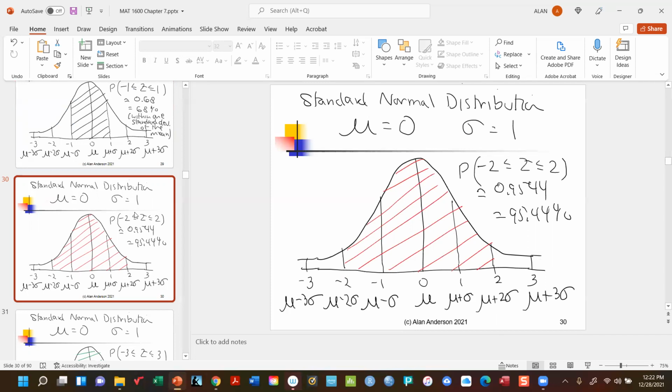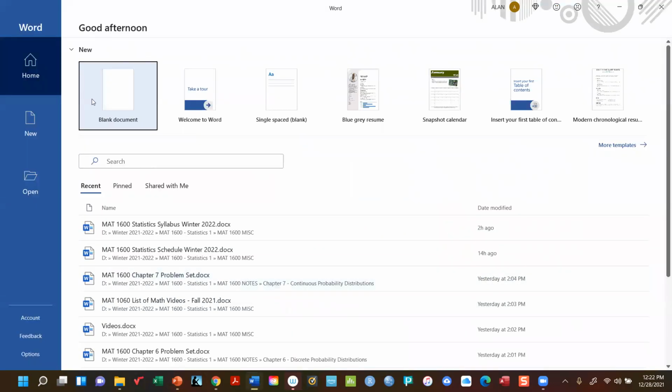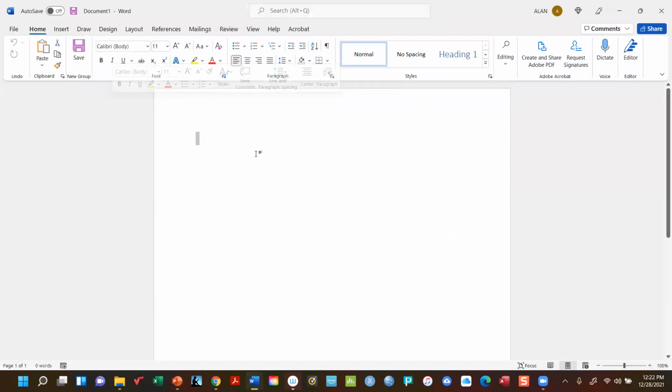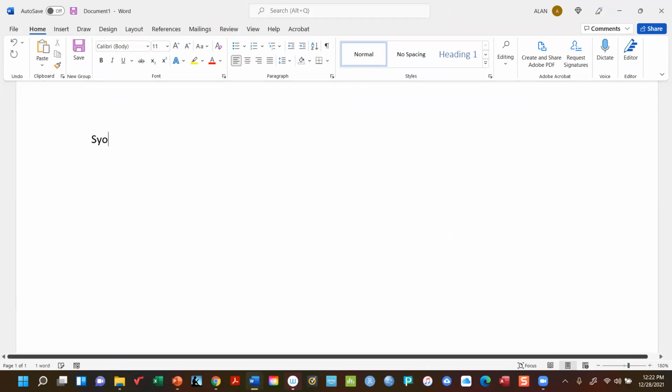So for a variable, let's say that we're looking at rainfall. Just to mention this on the side, just as a quick example of what this is all about. Suppose we discover the mean rainfall is 40 inches per year, and that the standard deviation is 5 inches per year.